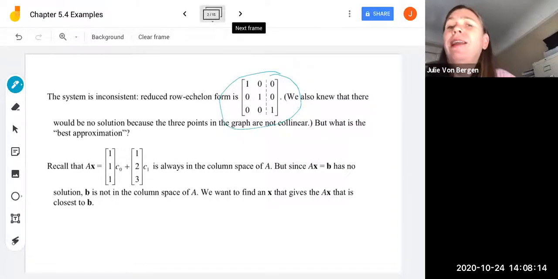Recall that Ax equals the coefficients 1 times C naught plus the values 1, 2, 3 times C1, where the 1, 2, 3 are our t values.